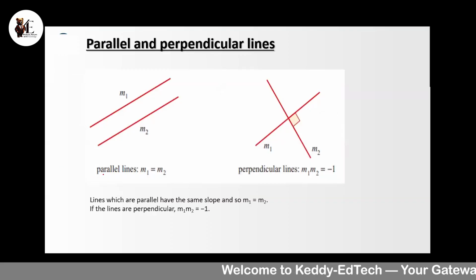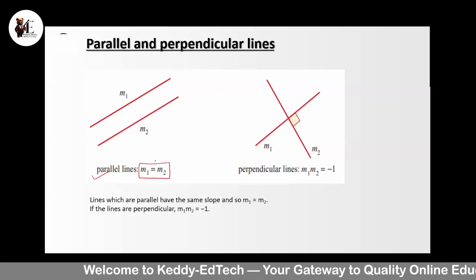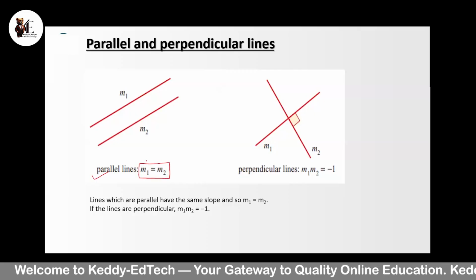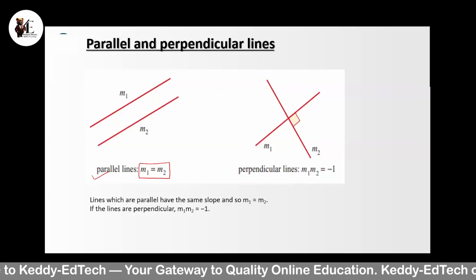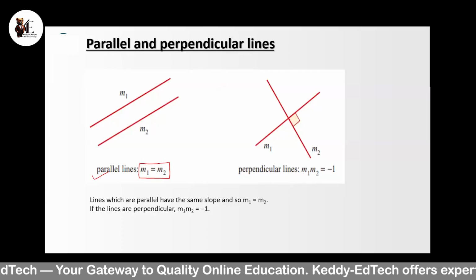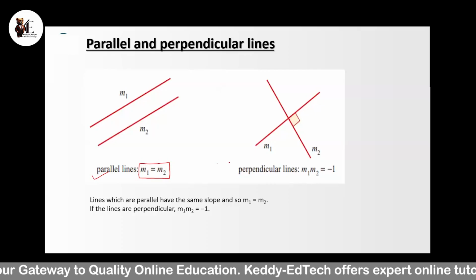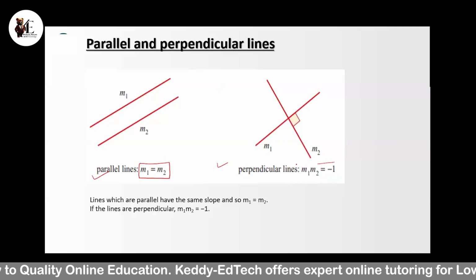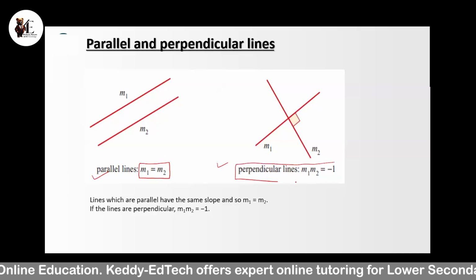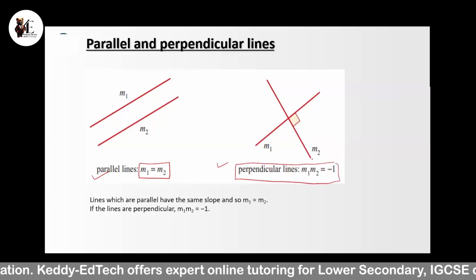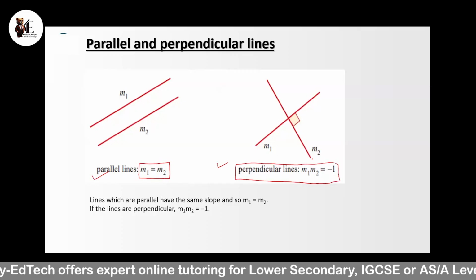For parallel lines, the gradient of both the lines should be equal. If there are two equations of a line and the gradients are equal, then the lines will be parallel. For perpendicular lines, the product of the gradient of both the lines, that is m1 into m2, should be equal to negative 1.